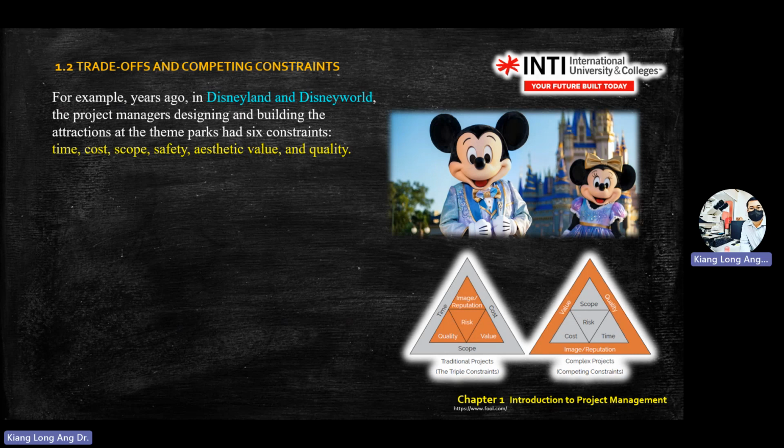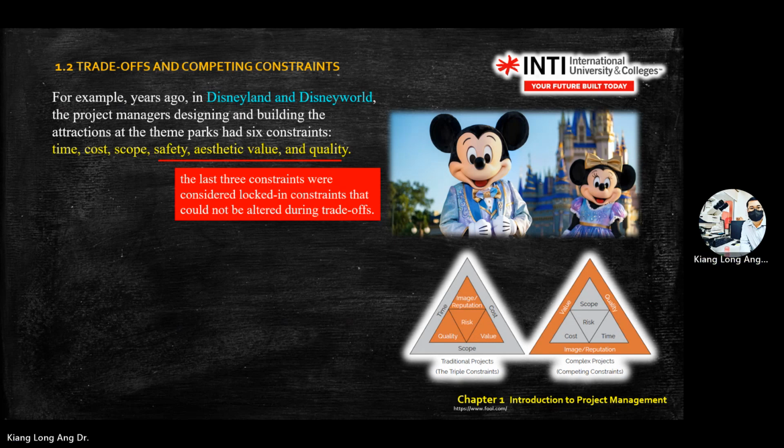Okay, so example, Disneyland. They have their project manual given for these projects to look at the Disneyland business, and they have 6 constraints. So they have time, cost, scope, safety, aesthetic, and quality. Okay, so these last 3 constraints were considered locked-in constraints that cannot be altered during the trade-off.